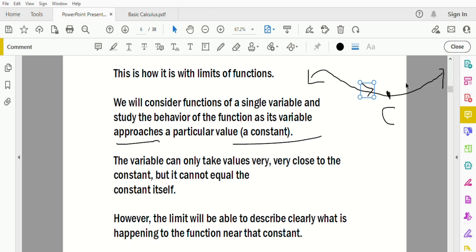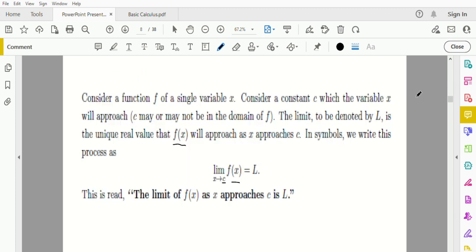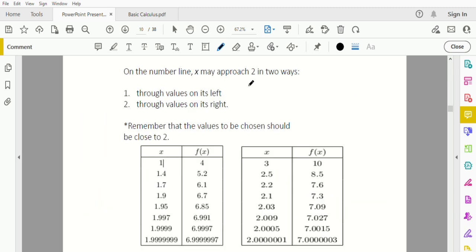From the left, as x approaches from the left, and from the right, as x approaches from the right. So we have two possible ways to approach 2, from the left and from the right. Remember that the values to be chosen should be close to 2.